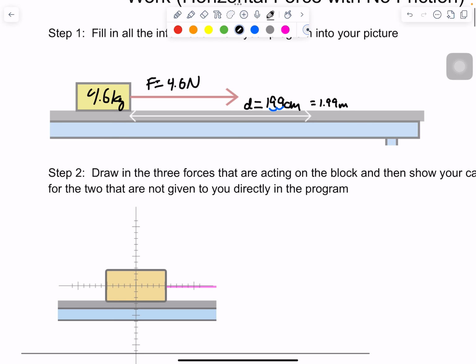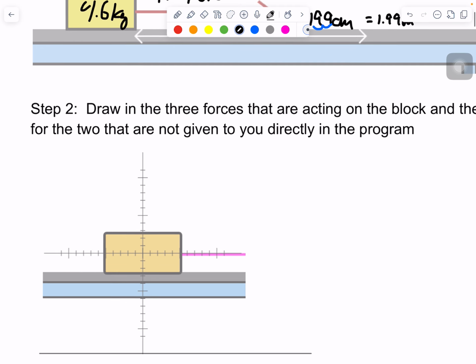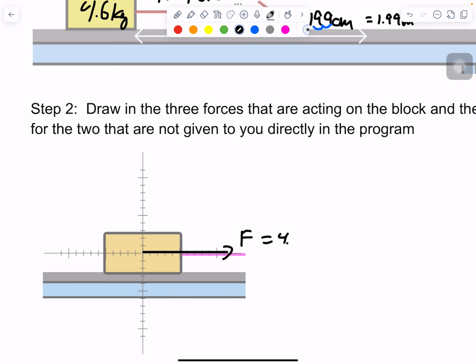Now, in step 2, we're going to give the forces acting on this. We've got our applied force, F, that's the 4.6 newtons. There's no friction. You do have normal force, and you do have weight.